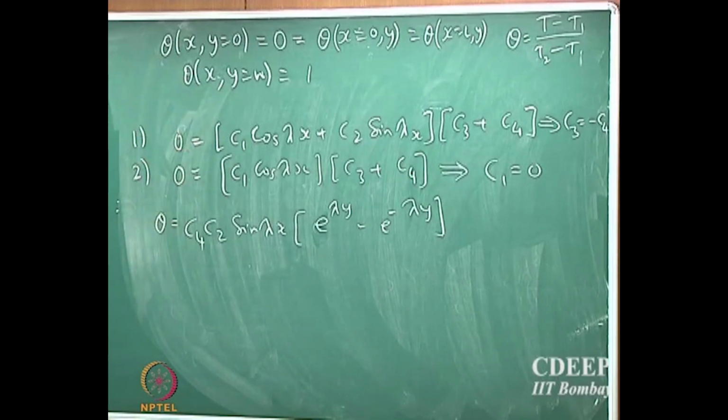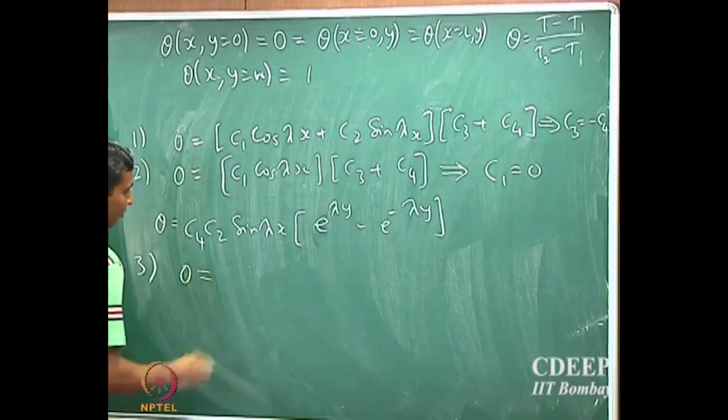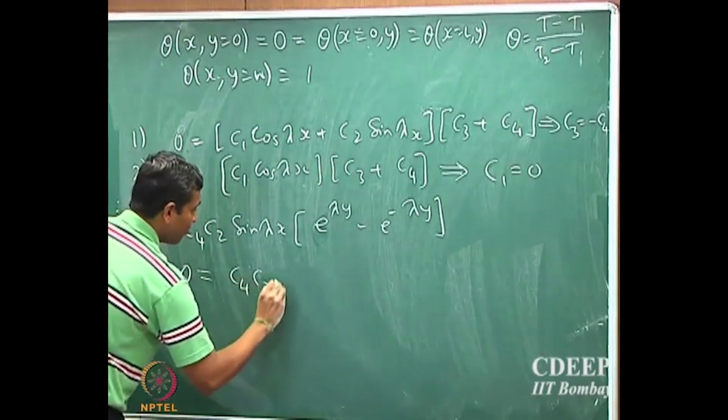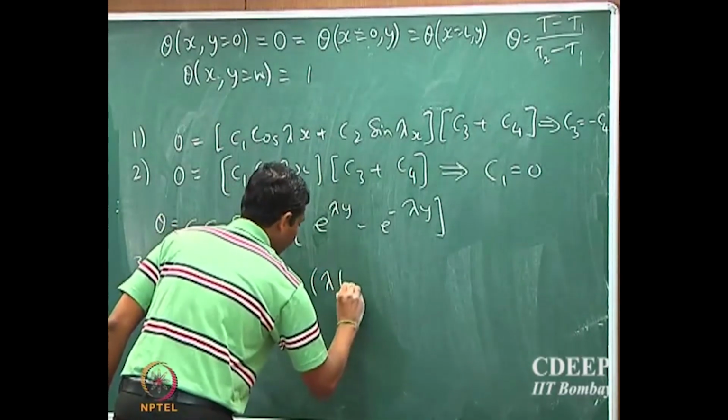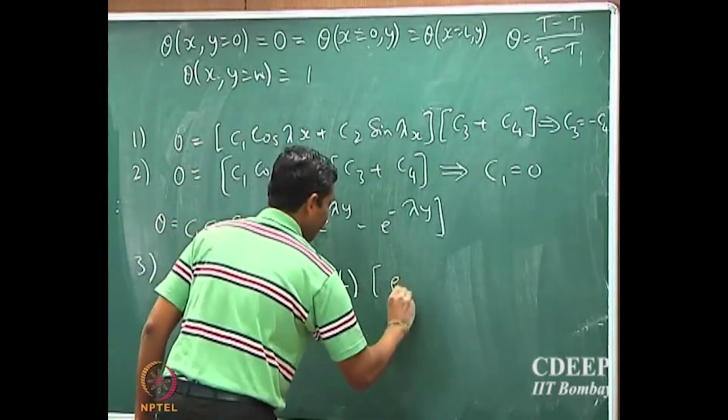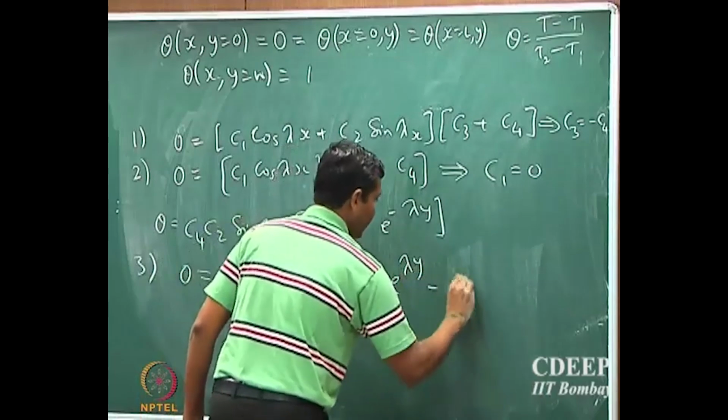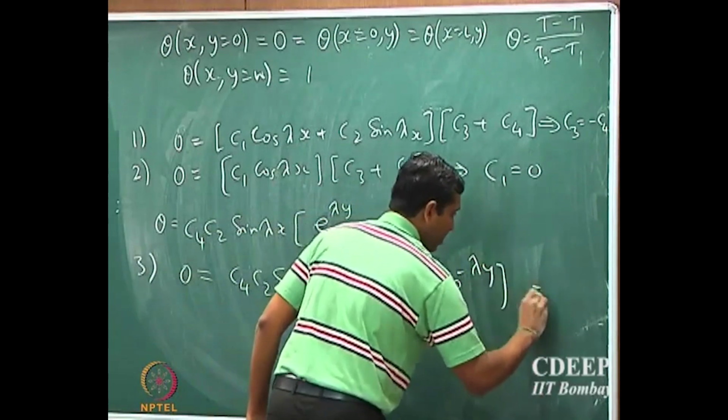It wouldn't matter actually how you put them; you will get the same solution. So the third boundary condition you can impose and say that C4 C2 sin lambda L into e to the power lambda y minus e to the power minus lambda y equal to 0.